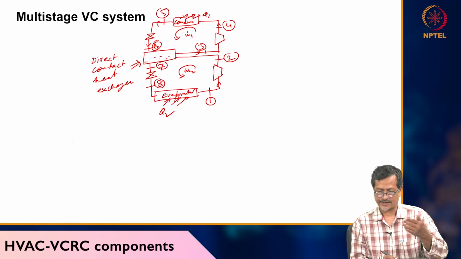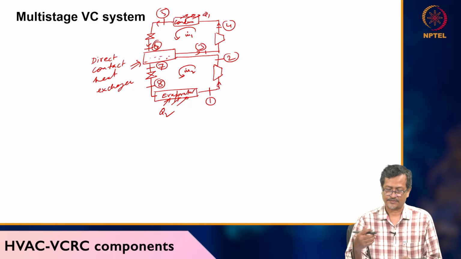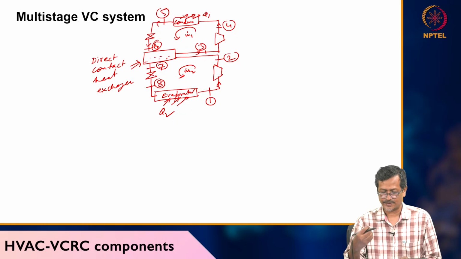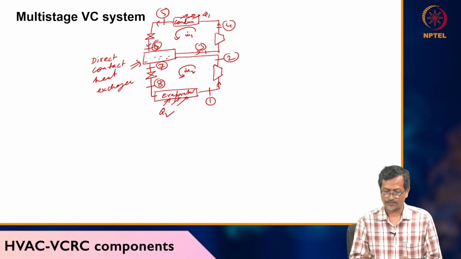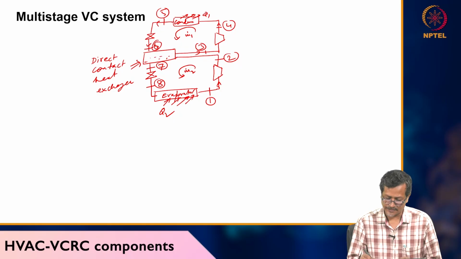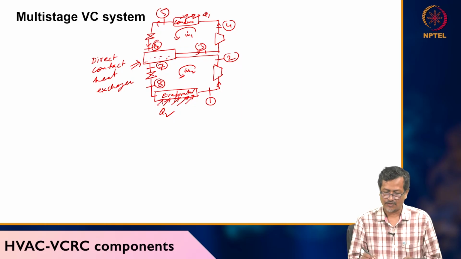You can see the top cycle is releasing a certain amount of heat, and that heat is being used by the bottom cycle, so that you are getting more effectiveness in evaporation.